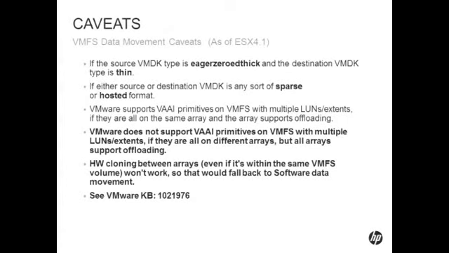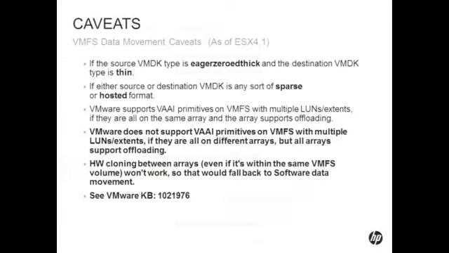If you have a datastore that has extents that sit on multiple arrays, so in this case, forget about different types of storage systems, same type of storage system. Let's say I'm talking 3PAR T400. I have two of them. I carve a LUN on the first one and a LUN on the second one, and then I make a VMFS out of that.